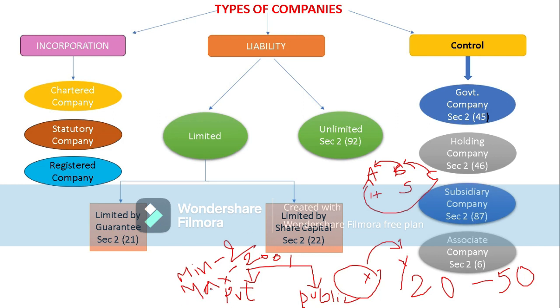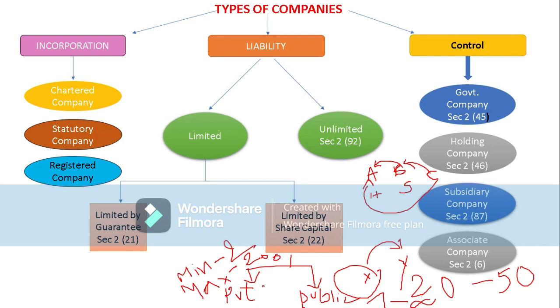Minimum is 2, maximum should be 200 for a private limited company. For a public limited company, the minimum number will be 7 and the maximum will be infinity, which means no limit. So this is about public limited company and private limited company.